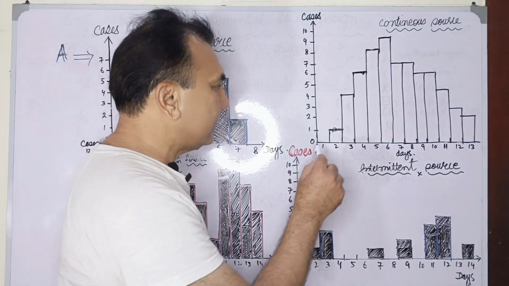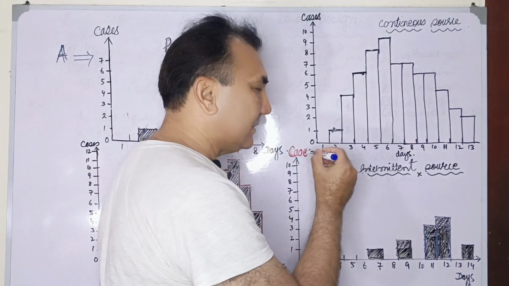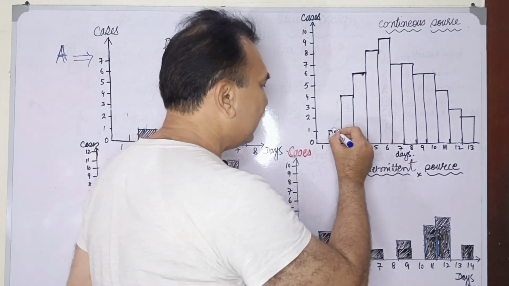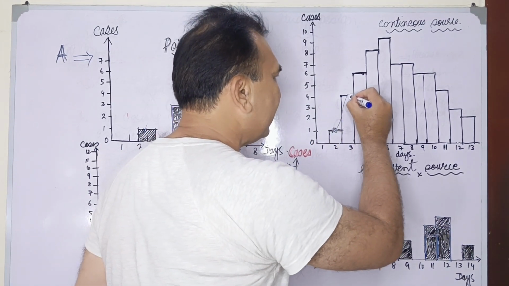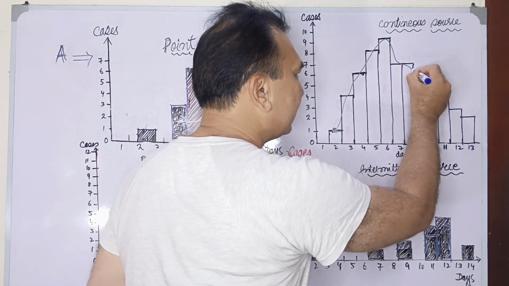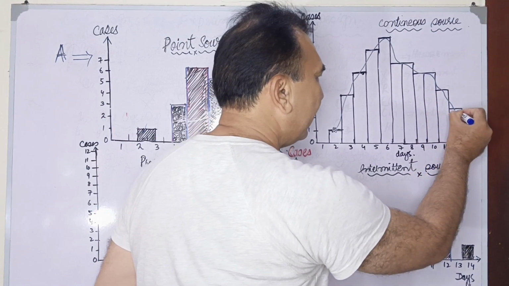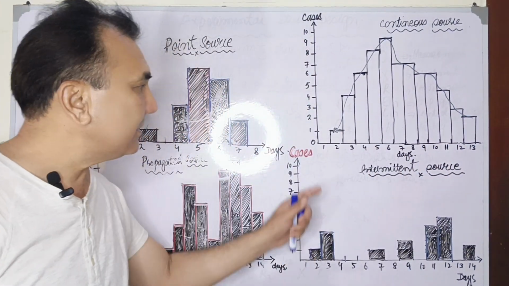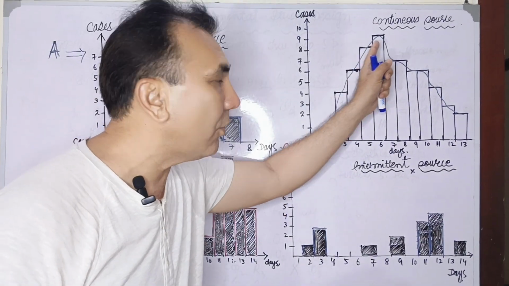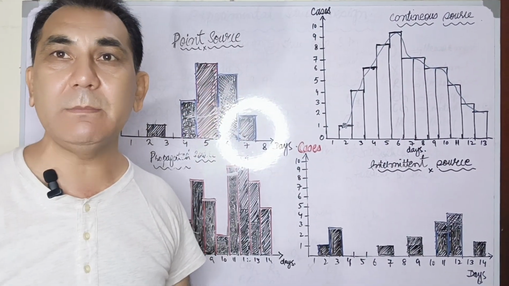And in the continuous outbreak, you see here the first case has become infected. From this infection it is transmitted, and it continuously goes upward, and this is the spread, reaching the peak of the epidemic.